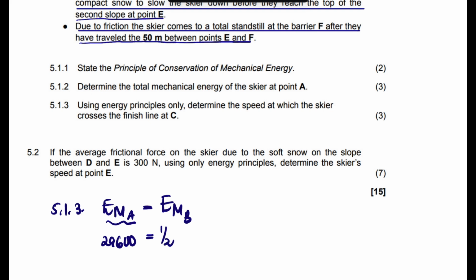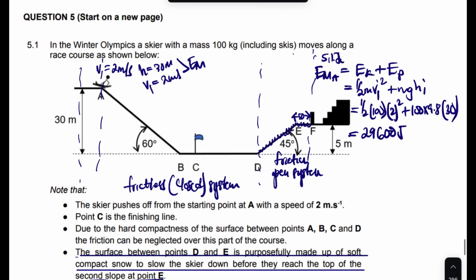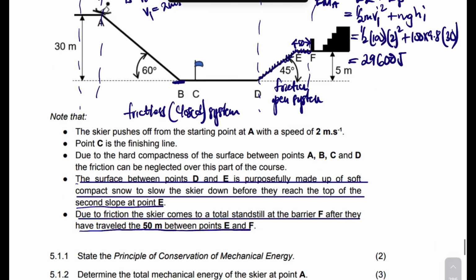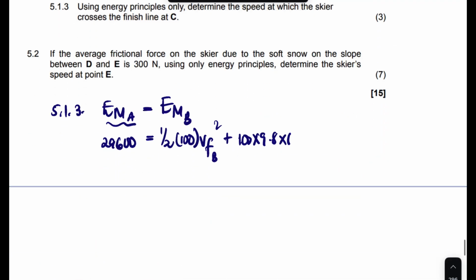It's going to be half m v final squared at B, plus the gravitational potential energy, which is mass times 9.8 times the height at B. There's no height. The height final is 0, so we're going to multiply by 0. That is going to be 0. So half times 100 is going to be 50.